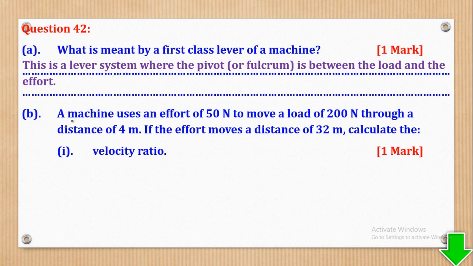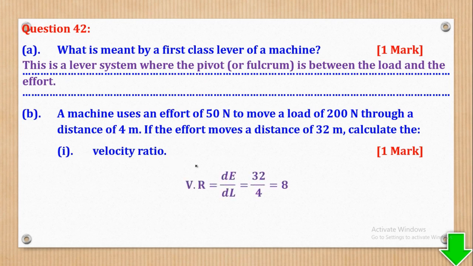Then part B, a machine uses an effort of 50 newtons to move a load of 200 newtons through a distance of 4 meters. If the effort moves a distance of 32 meters, calculate the Roman 1 velocity ratio.